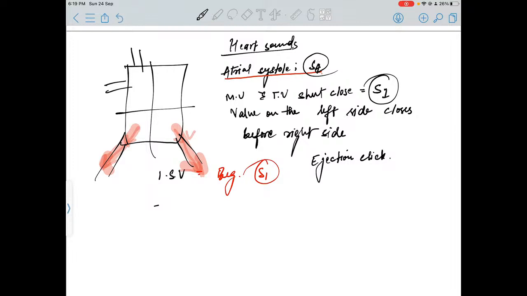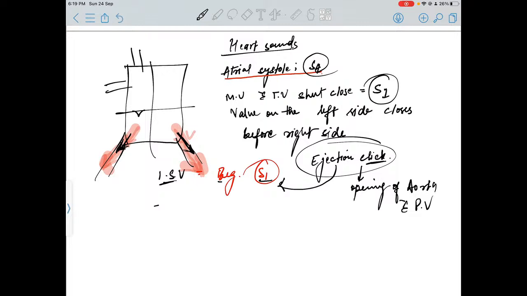And it occurs after S1. These things open because of the isovolumetric contraction. At the beginning of the isovolumetric contraction, the S1 sound happens, and this ejection click happens after the S1 sound, right? And this means opening of the aorta and pulmonary valve, right?